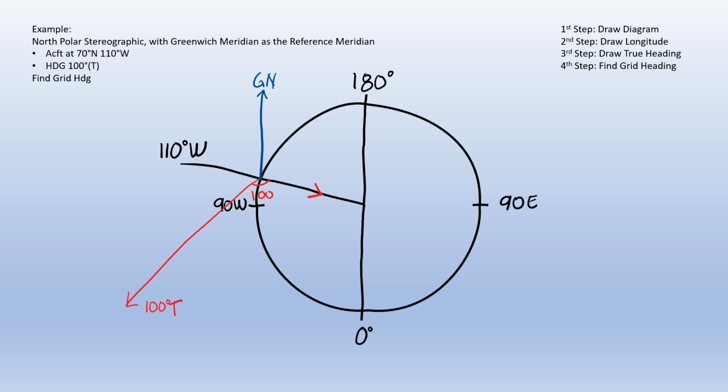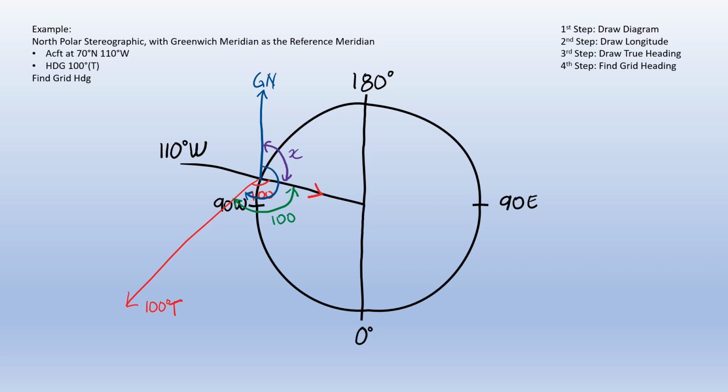Grid heading is the angle between grid north and the true heading line. This angle can be divided into two segments. The first segment is between these two lines. It is 100 degrees. And the second segment is between these two lines. We do not know the value of this angle. I name it X.